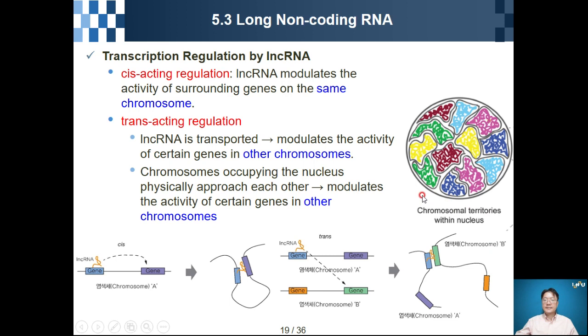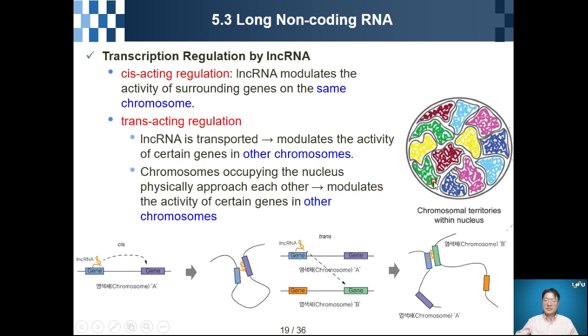So usually this is the nucleus, and for example, these are the chromosomal territories within the nucleus. For example, chromosome 1, chromosome 2, chromosome 3, 4, 5, 6, 7, 8, 9, 10, like this. So usually the chromosomes occupying the nucleus physically approach each other.